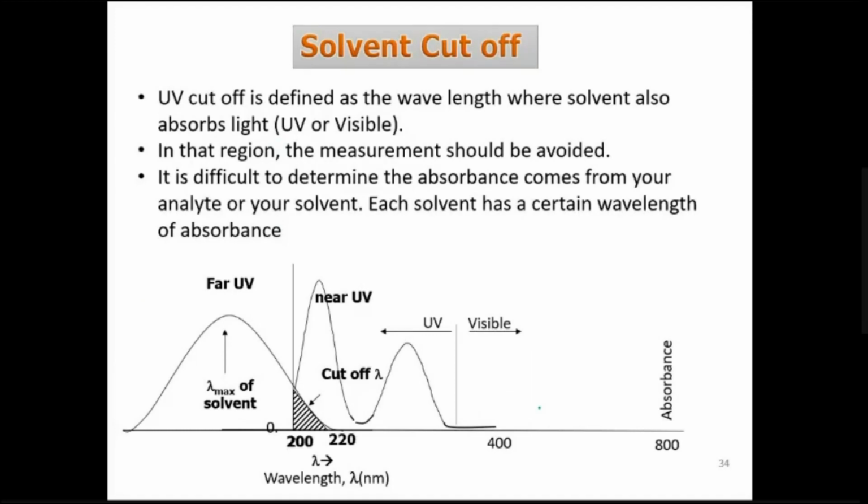Okay, solvent cutoff. For any solvent which is used in UV, it has got its own absorbance. Okay, so maximum wavelength till which the solvent is absorbing UV light is called as cutoff wavelength of that solvent. It is important value while you select the solvent for your analyte.